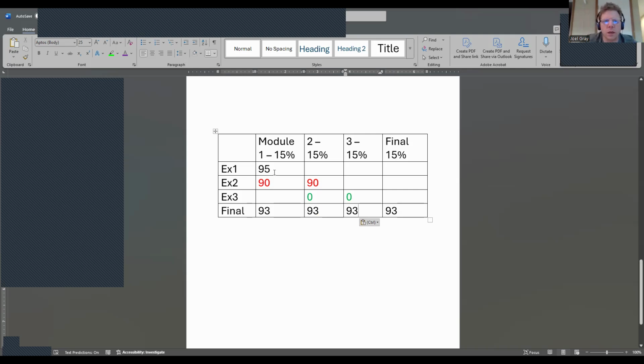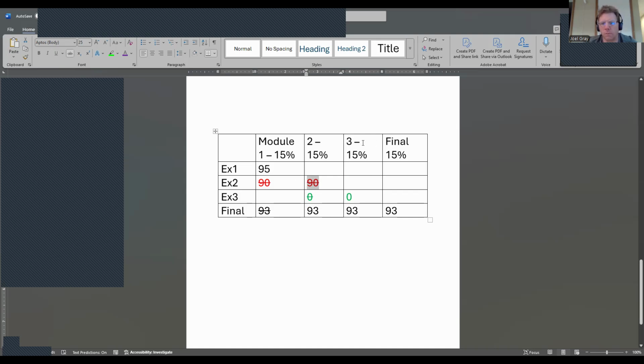What I'm going to do is apply a rule so that each one of these categories, each one of these columns, will get a rule where the 2 lowest grades are going to be dropped. So the 90 and the 93, by comparison, are lower and therefore will be dropped. Module 2, we've got the 0 and the 90 will be dropped.